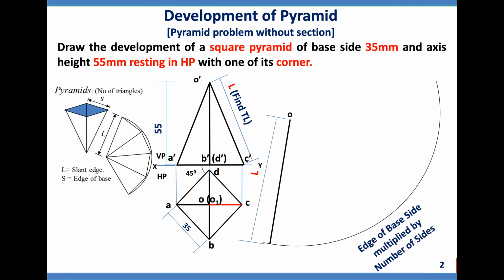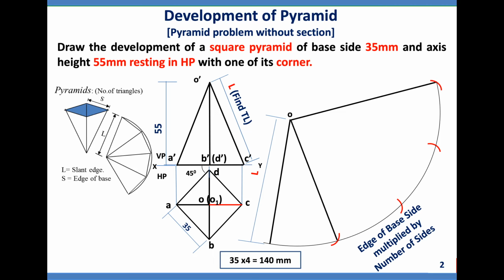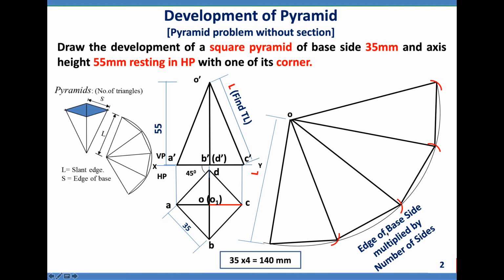Edge of base side multiplied by number of sides: 35 into 4, 1, 2, 3 and 4 times. Then from O, join all these points. Don't forget to join the base. So you have 4 surfaces, 1, 2, 3, 4, which represent the surface of the pyramid.